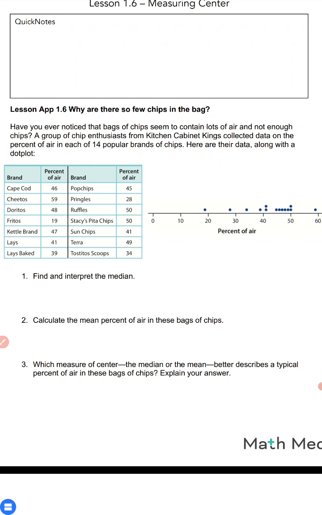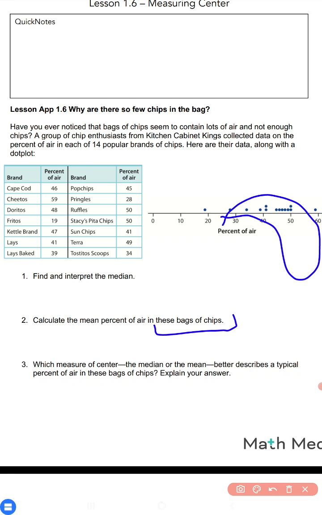So there are 3 different ways that we can measure the center of a data distribution, and they're going to be something that you've heard about before. They're mean, median, and mode. What you may not have seen before is the symbols that we use to stand for those 3 things.